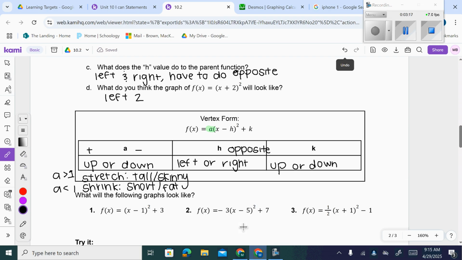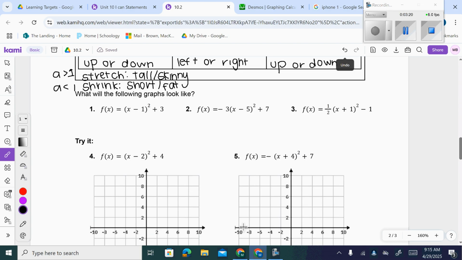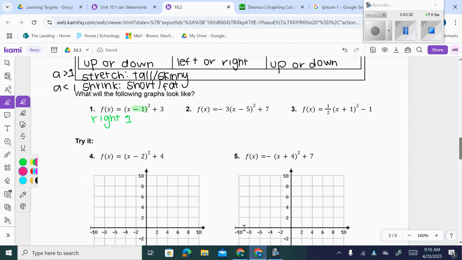Now, number 1, we're going to start putting it together. What does this -1 right here tell me? It's going right, and right how many? Good, right 1. What is this +3 telling me? Up 3.